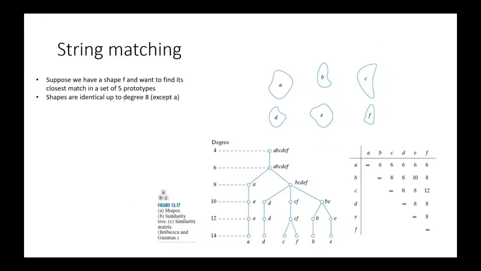So for instance, suppose I have a shape F, which is this one, described as a string by one of those codes, the representations of boundaries that we've seen before. And we want to find the closest match of F with respect to these other boundaries.